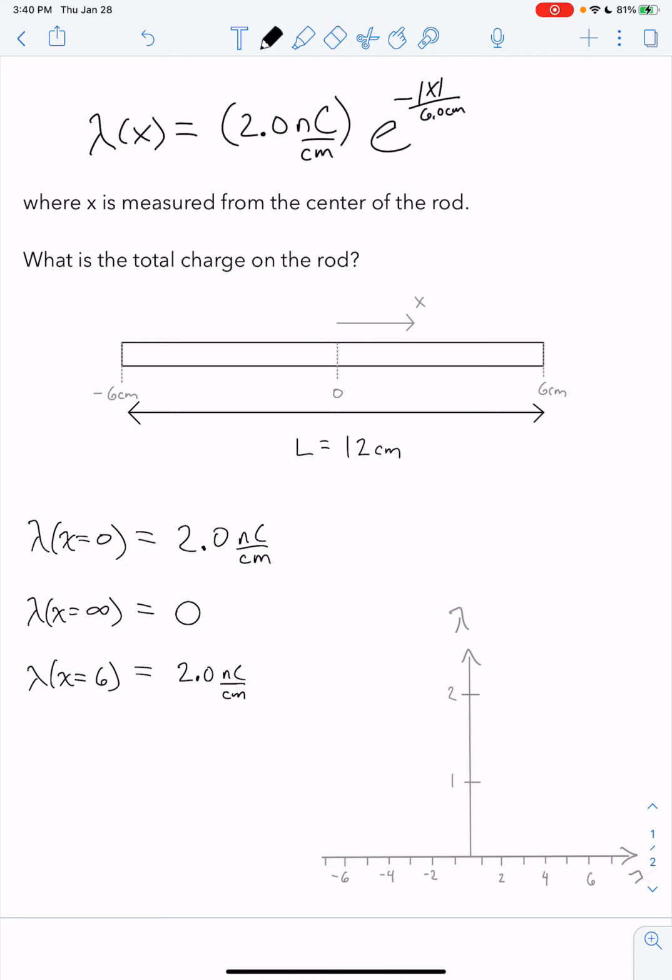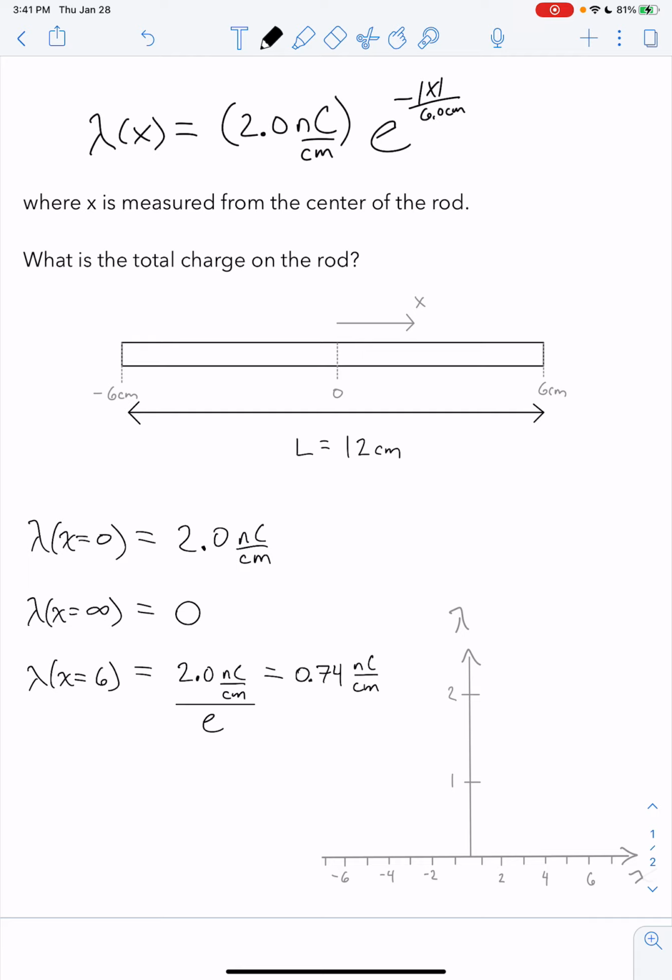Okay, well, that means just 2 divided by e, and e is just a number, so that's 2.7, etc. It's a long number, an irrational number. So this works out to 0.7 nanocoulombs per centimeter.